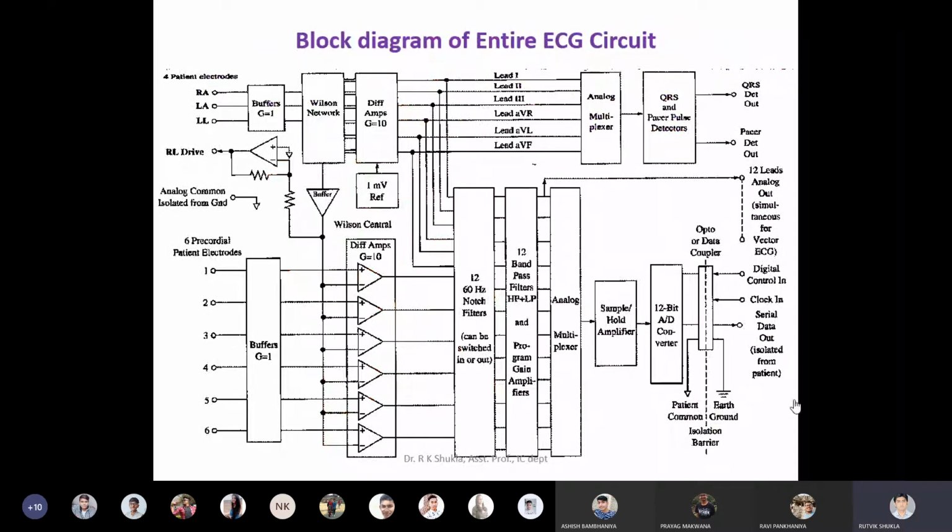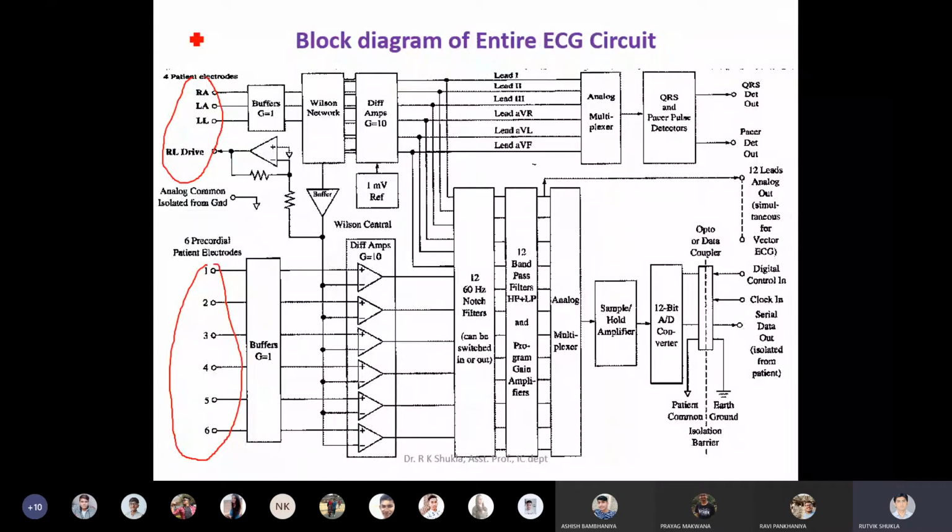This is one of the block diagrams of an ECG machine. Here you can see that whatever signal comes from the patient comes from the limb leads, that is RA, LA, LL, and RL. These are the four electrodes connected to the patient, and the rest, 6 electrodes, go to the chest.